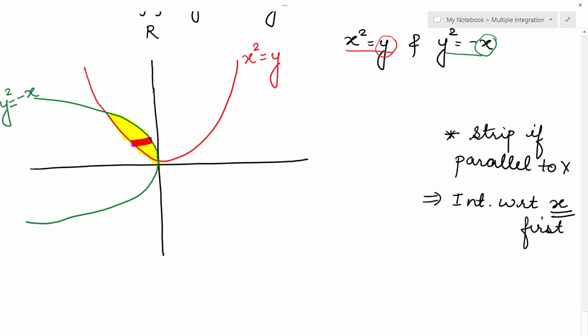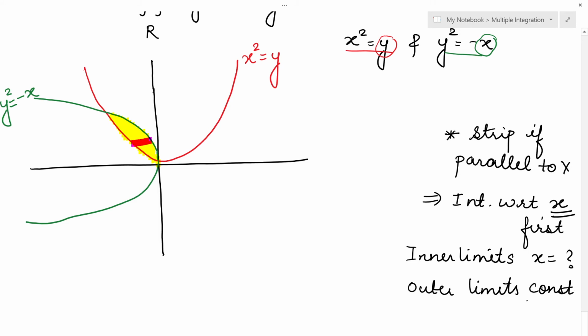This is the first point, and the inner limits are x is equal to some function of y. Okay, so this is what, and outer limits will be constant. So these things you need to memorize actually. Constant, that means y is equal to constant values you will get.